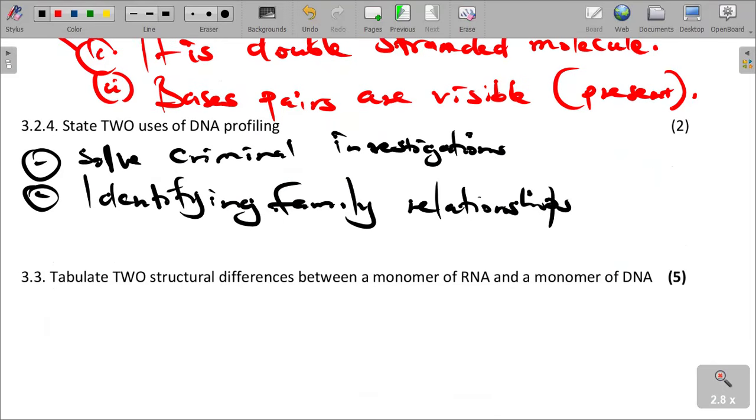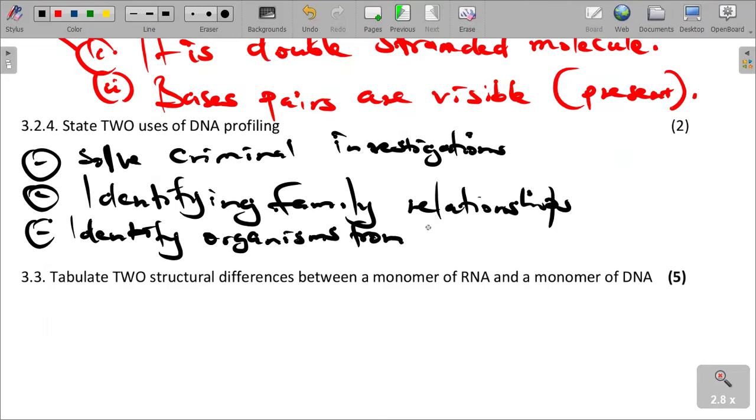DNA profiling can also be used to identify organisms from their tissues. That is another very important use.